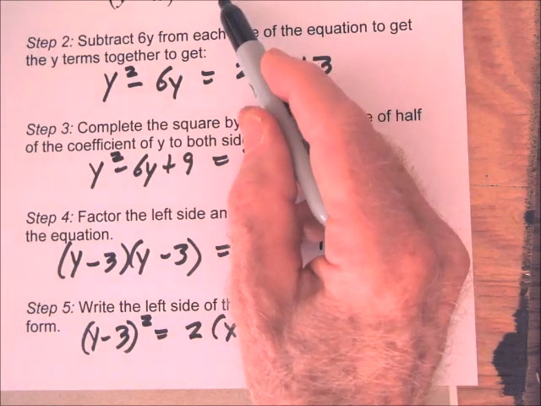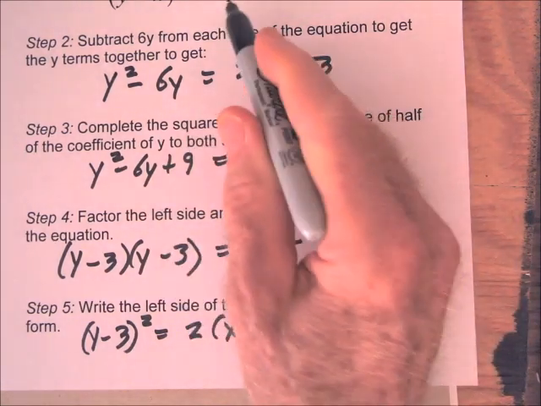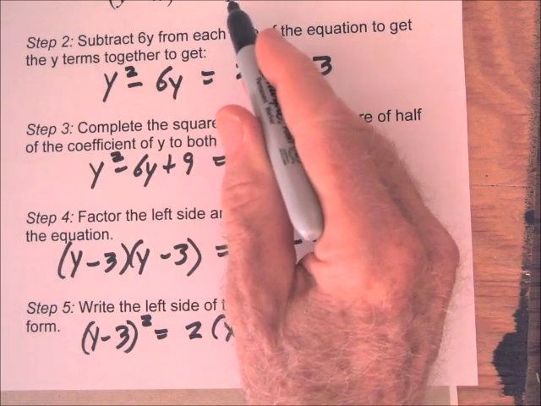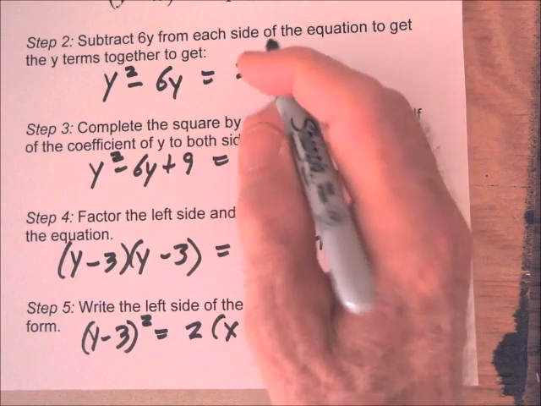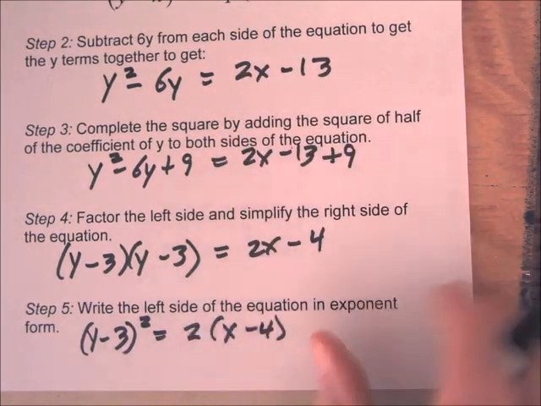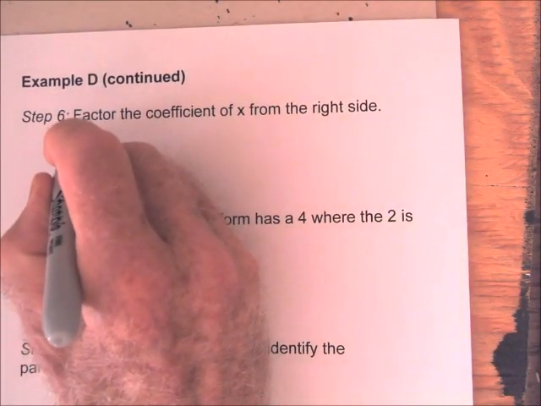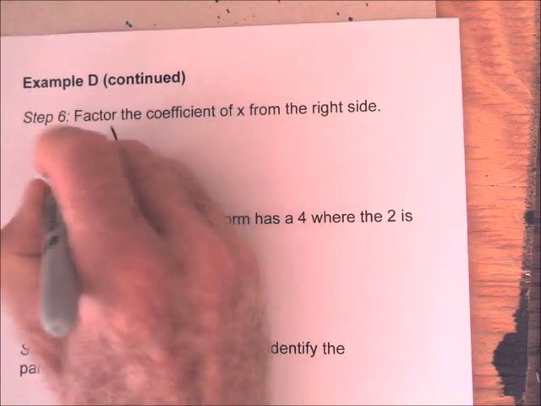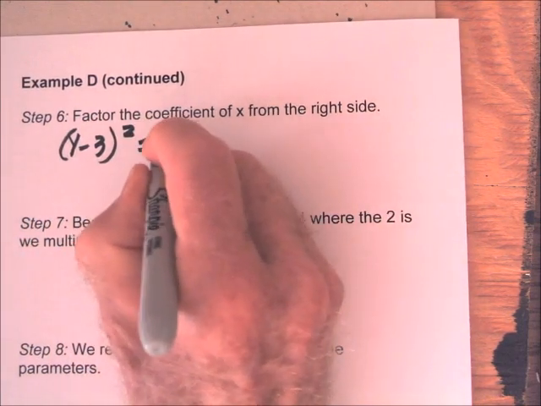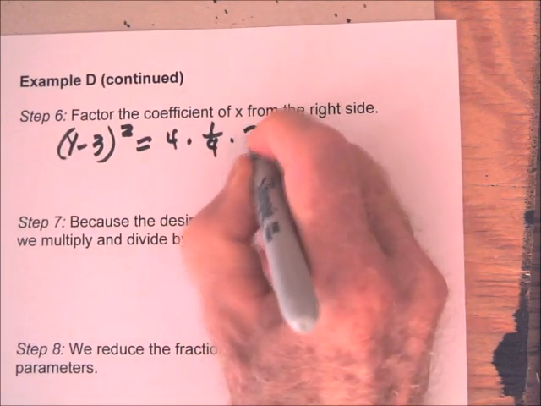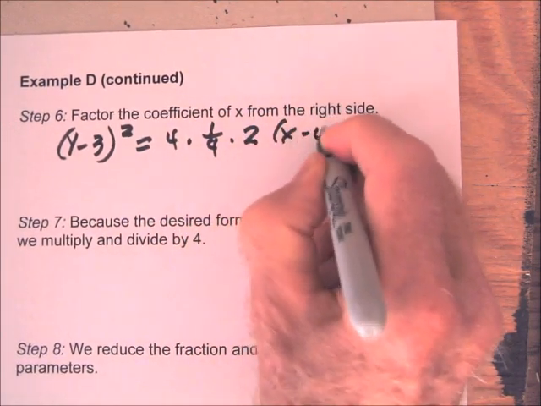Instead of a 2 here, we want a 4 times p. So if we multiply 4 times 1/4, that'll give us what we want here. So I'm going to rewrite this as y minus 3 quantity squared equals 4 times 1/4 times 2 times x minus 4.